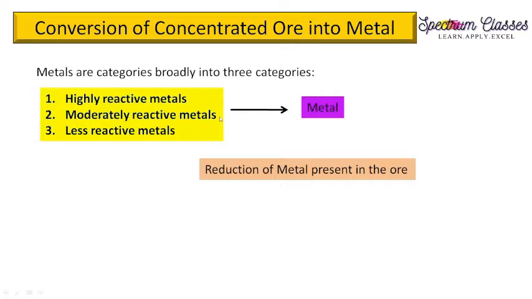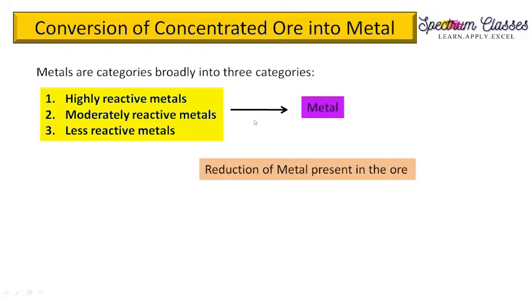From their ores, these metals are first converted into metal oxides by different processes like calcination, roasting, smelting, etc. And those metal oxides are further converted to the metals, whether pure or impure. If we get impure metals, then these are further purified to get the pure metals. So this is the process which we are going to follow.